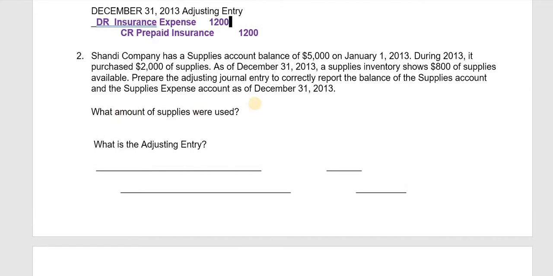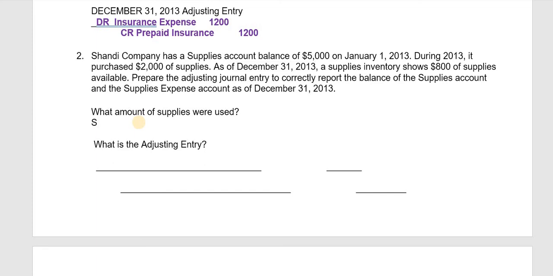Shandy Company has a supplies account balance of $5,000 on January 1st. During the year, it purchased $2,000 of supplies. And as of the end of the year, supplies inventory shows $800 left. We want to do the adjusting entry. So, what's the amount of supplies used? Well, sounds like the cupcake formula to me.